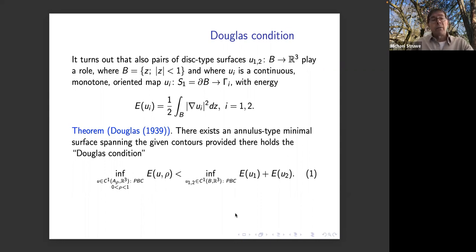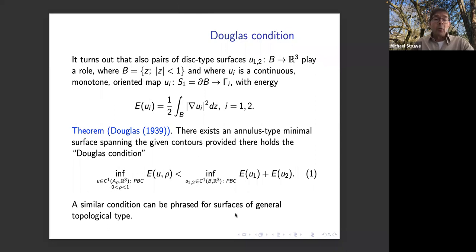So this is the famous Douglas condition. And of course, there's a very similar condition for the existence of surfaces of general topological type.